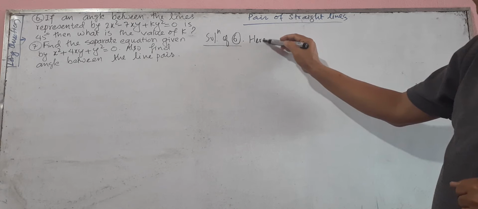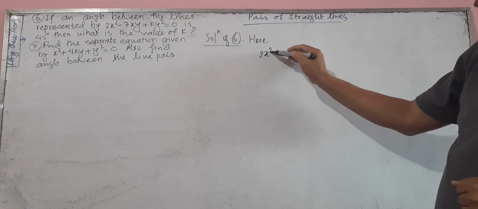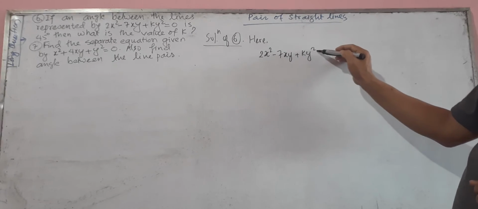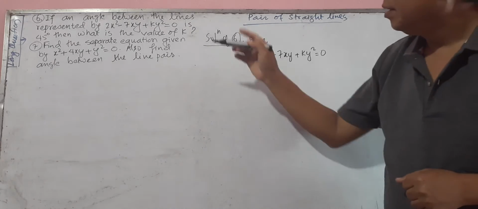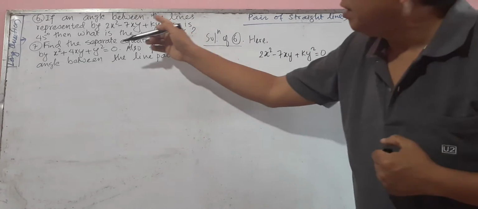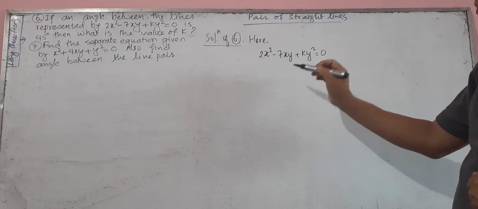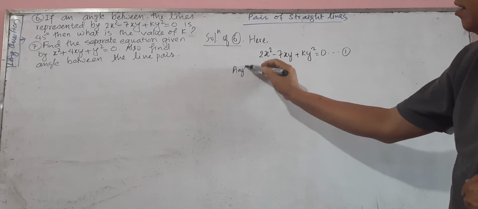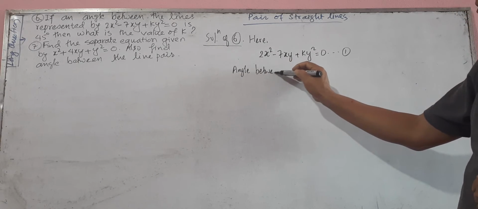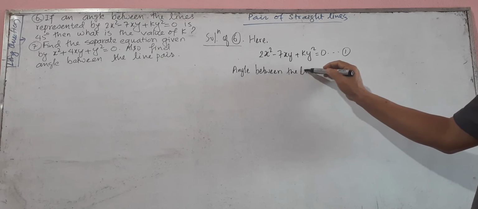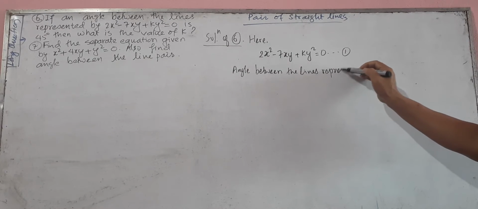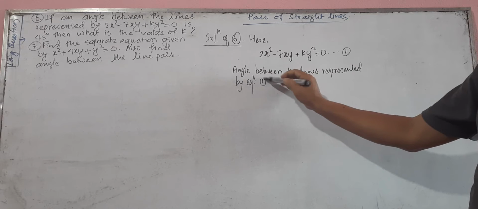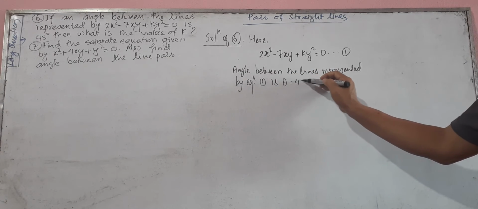Here the given equation is 2x square minus 7xy plus ky square equal to 0, call it equation I, and the angle between the lines represented by equation I is theta equal to 45 degree.